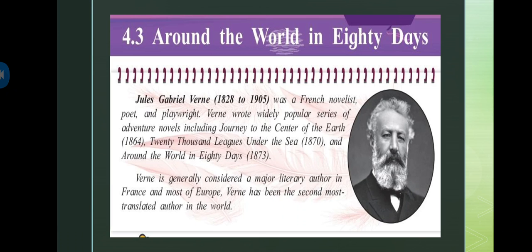And then he also wrote the one we are discussing right now, Around the World in 80 Days, which was written in 1873. Verne is generally considered a major literary author in France and most of Europe.